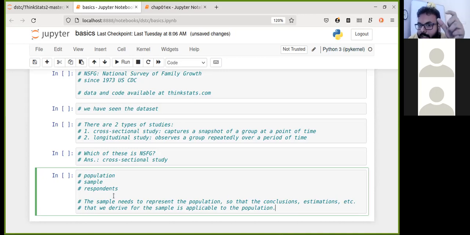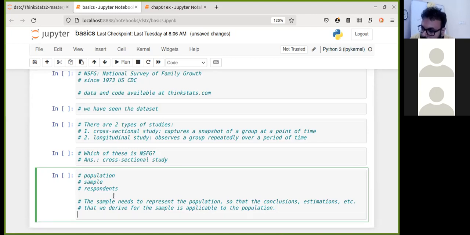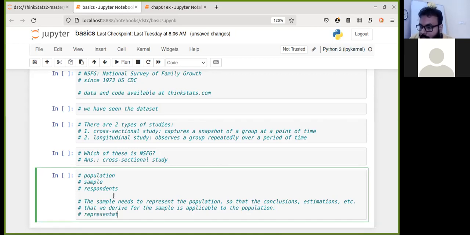If this NSFG study is conducted only for a particular location or a particular race of people, then it is possible that the results we get from the sample do not represent the whole population. So a sample that represents the whole population is called a representative sample.